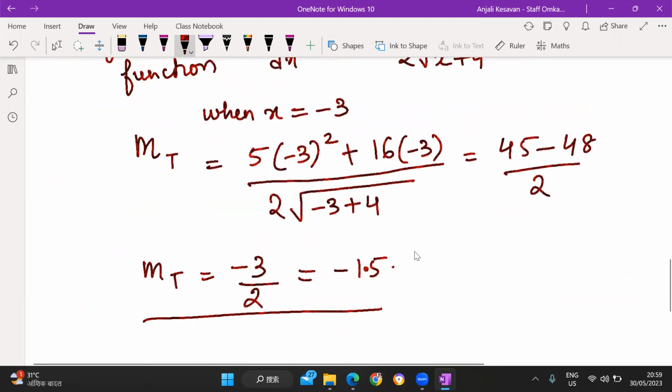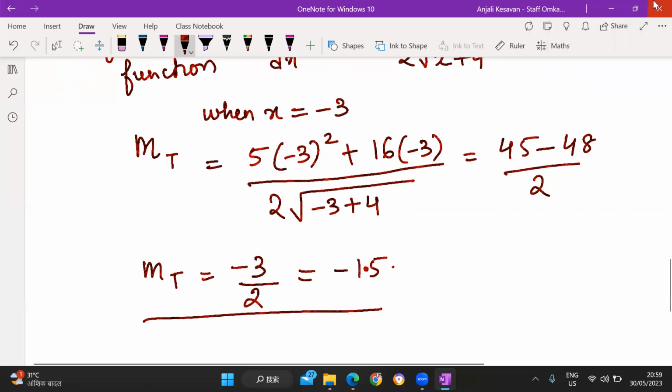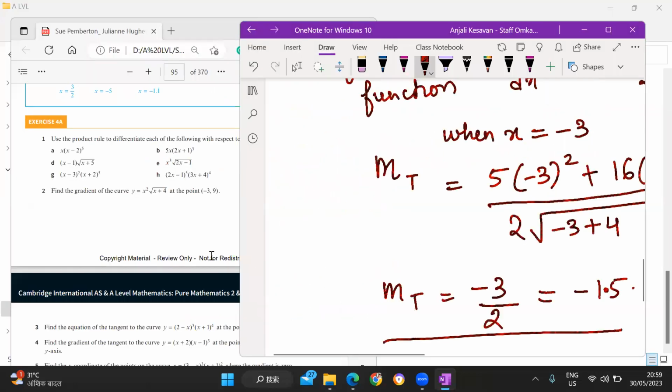Simplify it until you get a proper value. You can leave your answer in fraction form or in decimal form. But make sure you don't mess with the sign. Here it is a negative gradient. That means it's a decreasing function at this value of x. Okay.